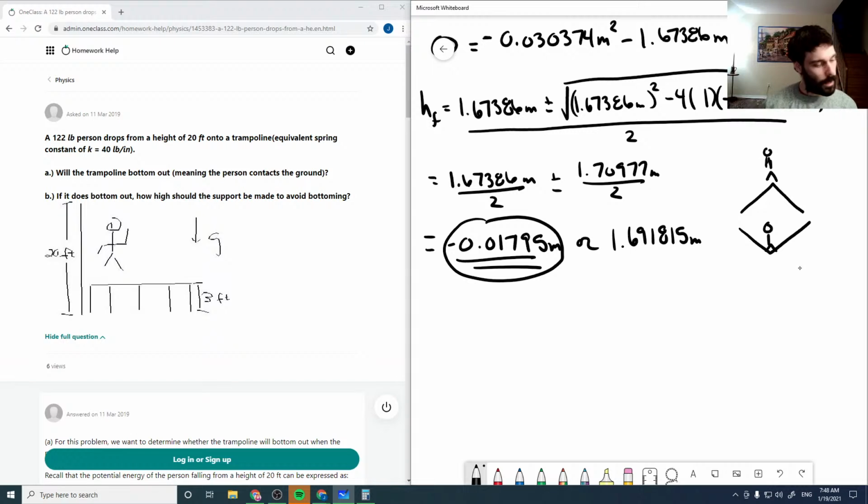And so it's going to bottom out by this amount, or putting this into feet, negative 0.059 feet.